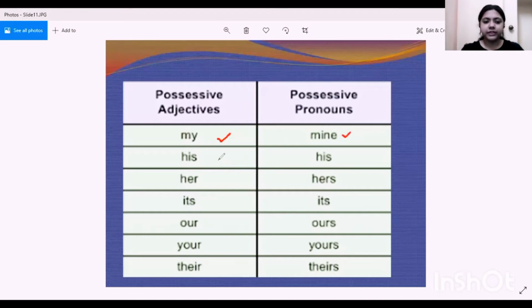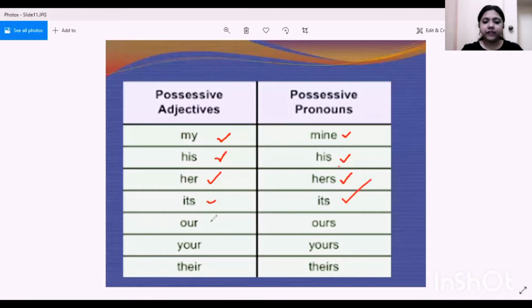Possessive adjectives have his, and for possessive pronoun we also use his only. For possessive adjective, we use her when referring to the third person female, but for possessive pronouns, we use hers, adding an s at the end. For things or animals, the same applies for possessive pronoun also.